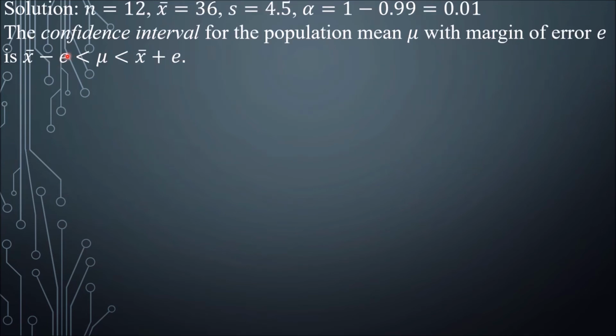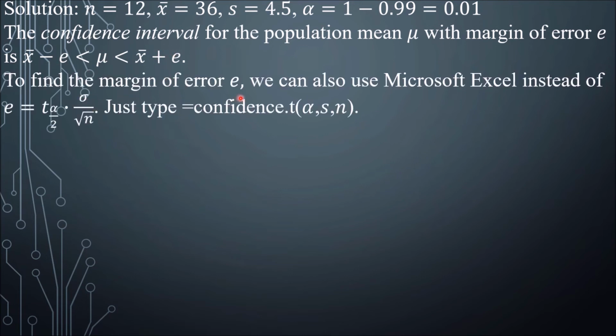Again, the formula is this one for the confidence interval. Now, to find the margin of error, we can also use Microsoft Excel instead of this formula using t-score. Just type equals and then CONFIDENCE.T because we are using t-score here.